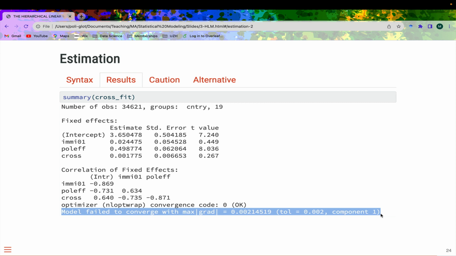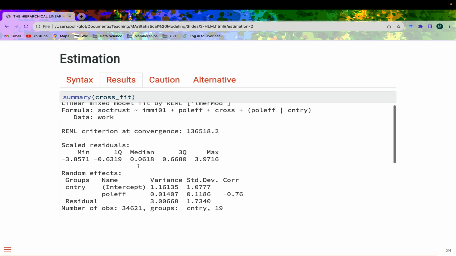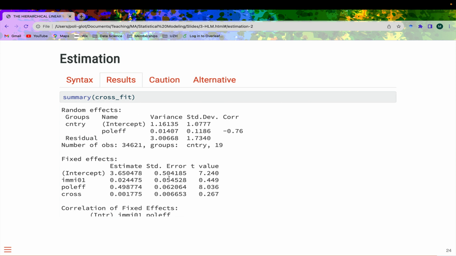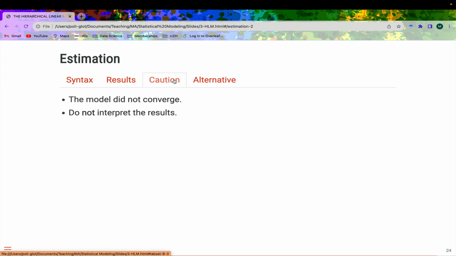This is what you need to pay attention to. We've talked in class of the problem that you sometimes have with maximum likelihood not converging. This is an instance where that happened. And what it means is that we should ignore these results because we don't know if these are the true maximum likelihood estimates. We really don't. So the model did not converge and we should not interpret the results.